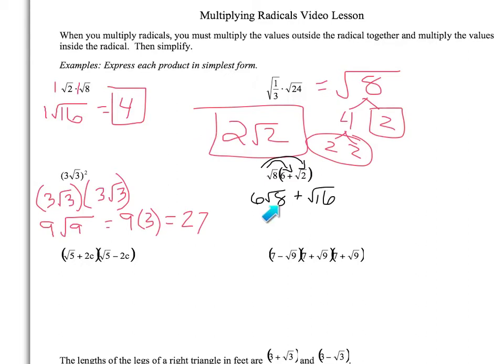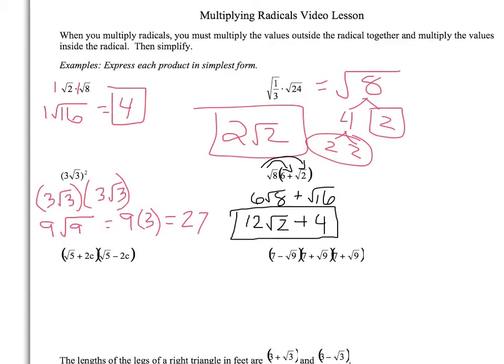So this radical 8 right here needs to have a 2 on the outside times the 6 to give us a 12 radical 2, plus radical 16 is 4. Now we cannot add these together because the 4 does not have a radical 2 with it. So your final answer is just 12 radical 2 plus 4.